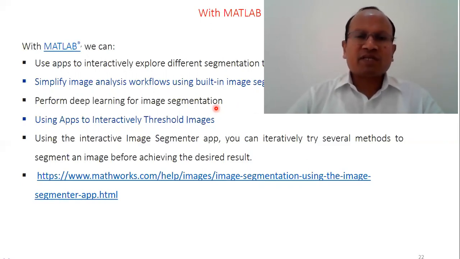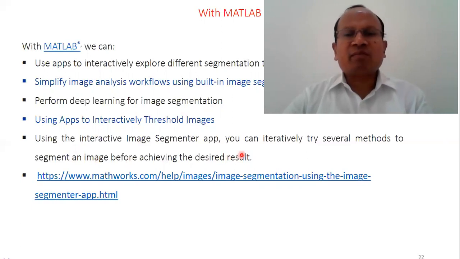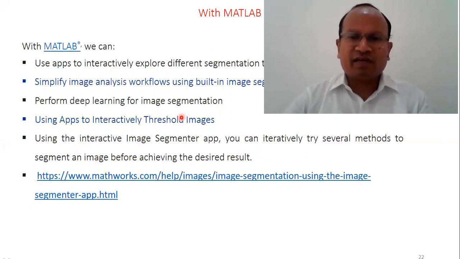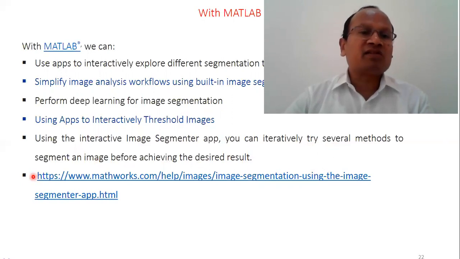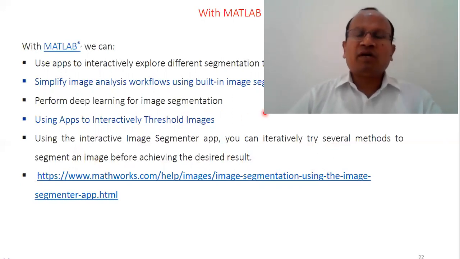We can use apps, as I pointed out in the first statement, interactively using some thresholded images. Using the Image Segmenter app, which is there in MATLAB, you can iteratively try several methods to segment an image before achieving the desired result. Our desired result is something which we want to achieve.